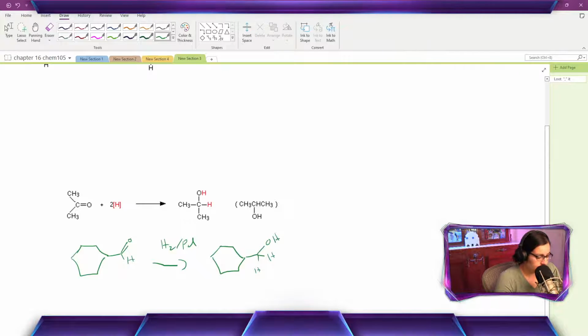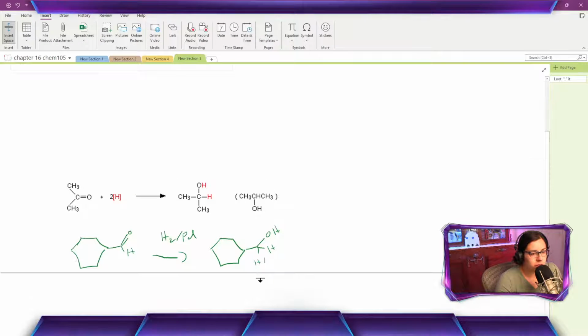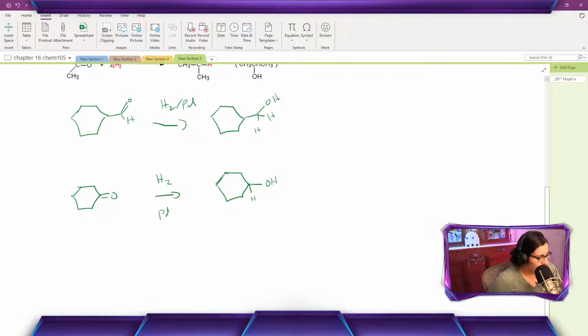Now we have our alcohol. Can do another one just to compare. So now going back to cyclohexanone, adding hydrogen and palladium. So we break that bond, break our double bond. This becomes our OH. We add another hydrogen here, and so that's our secondary alcohol.